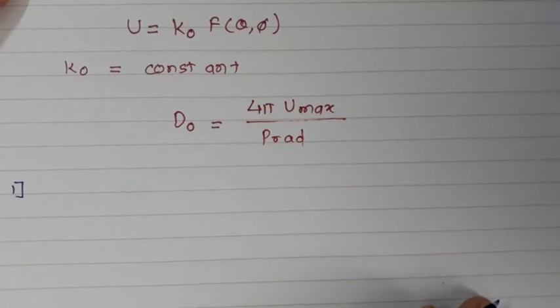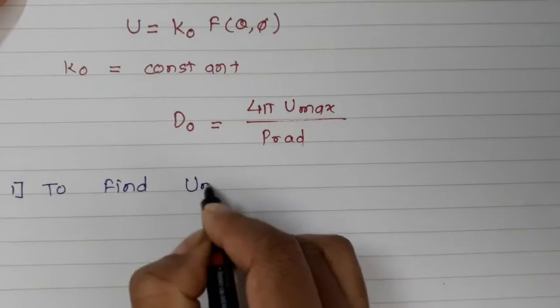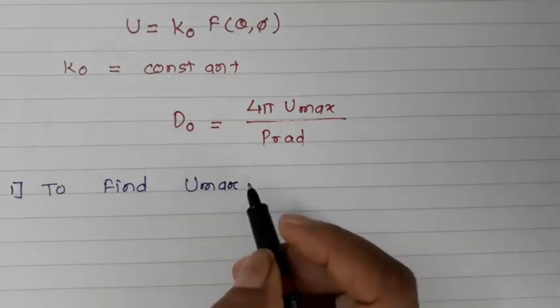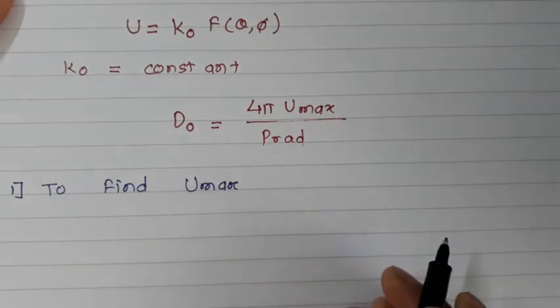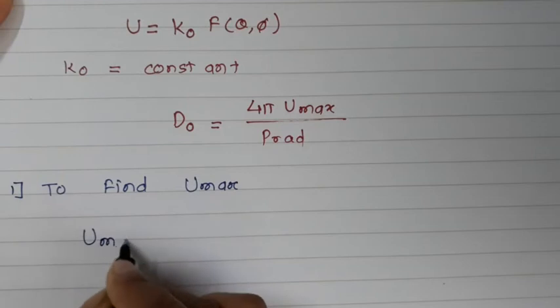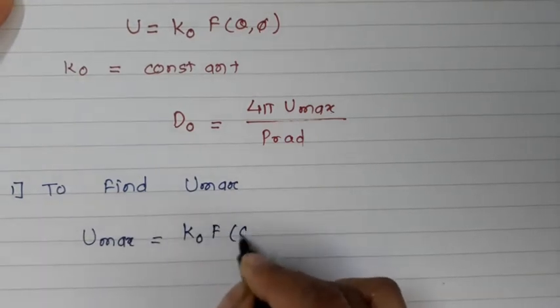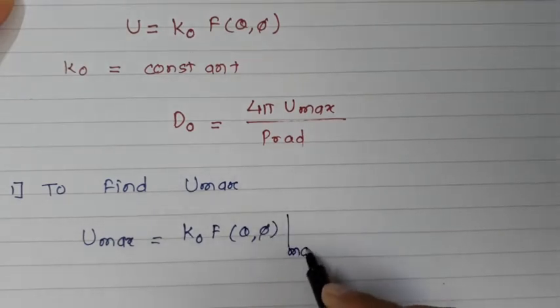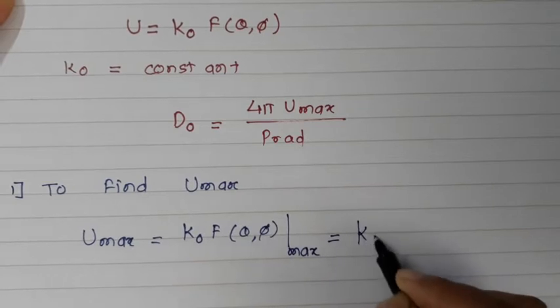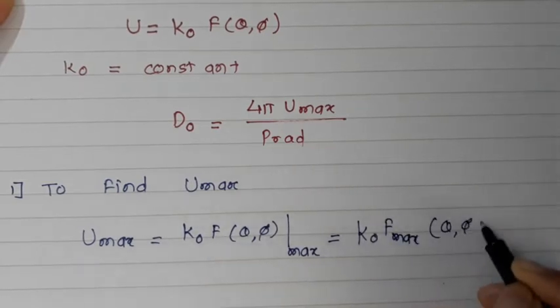The first thing I'll do here to find U max: in the expression of U, since K0 is a constant, U is maximum when F(θ, φ) is maximum. You can write U max is equal to K0 F(θ, φ) at max, which is equal to K0 F max(θ, φ).